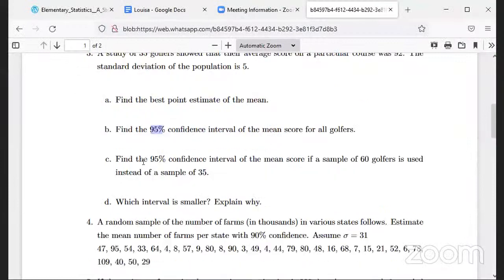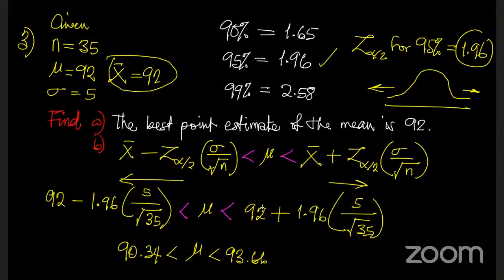C. Find the 95% confidence interval of the mean score if a sample of 60 golfers is used instead of a sample of 35. Well, this is straightforward. We're going to repeat this calculation, but instead of using 35, we're using 60. So I'll open a new page.